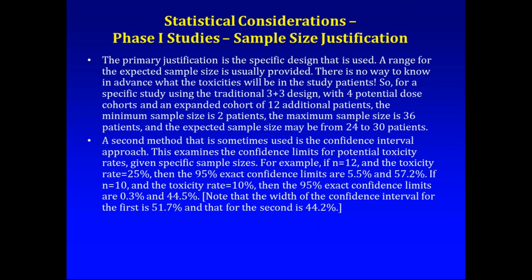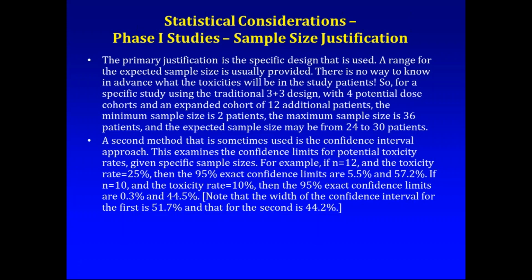And then second, you can see right there how wide the confidence interval will be. There's nothing we can do about that, but it just gives reviewers an idea of the precision of the estimates, say, for the toxicity rate that we can obtain from our small study. I know they're very wide, but that's just how these studies are. I put a note at the very end.